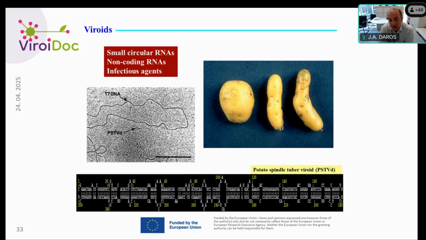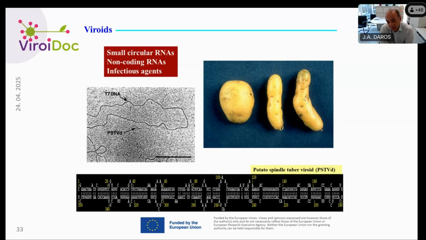However, this is definitely an open question, because maybe in the future we will be able to detect small peptides coming from here or there in the viroid molecules. Also very important, there are viroid-like RNAs that encode proteins. So this is definitely something that we shouldn't just give a definitive answer that viroids are non-coding RNAs.